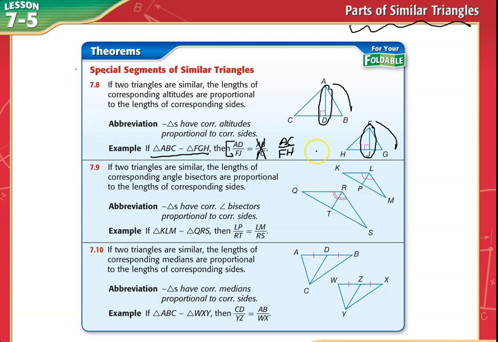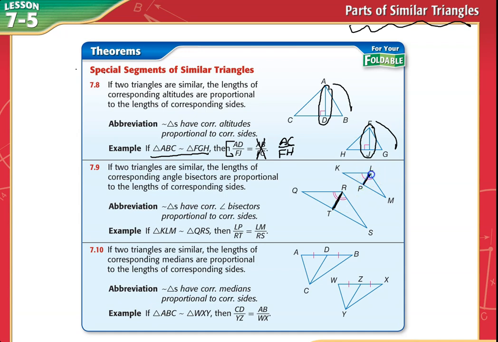The second theorem: if two triangles are similar, then the lengths of the corresponding angle bisectors are proportional. If we know this line segment bisects the angle, you can tell that by the congruent marks here. Same thing here.